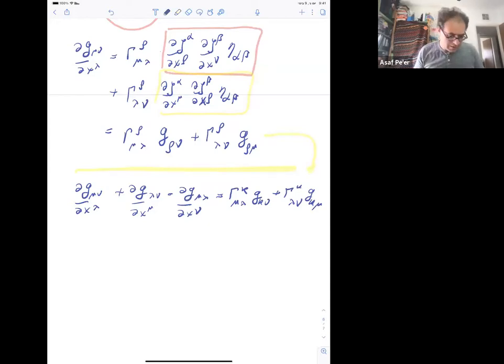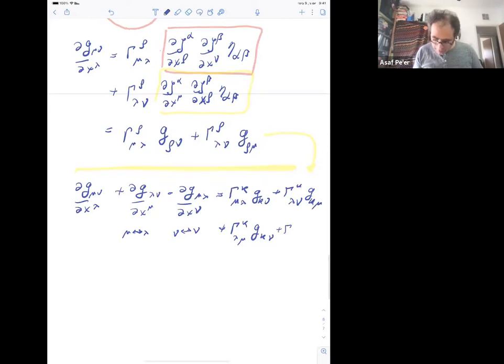So this is the same with mu and lambda exchanged. So I have here a plus gamma kappa lambda nu g kappa lambda mu kappa nu, plus gamma kappa mu g kappa lambda. Just exchange the mu and nu.